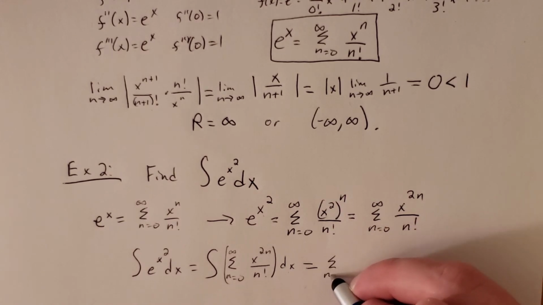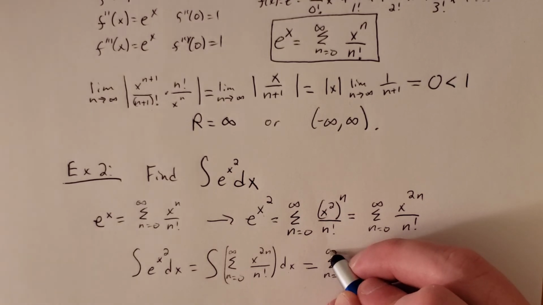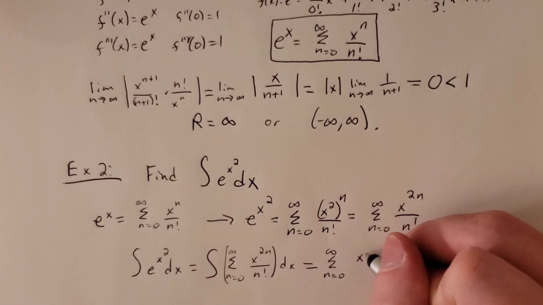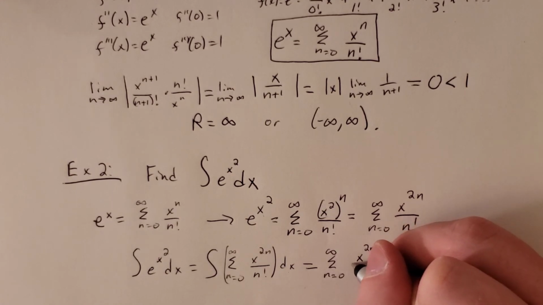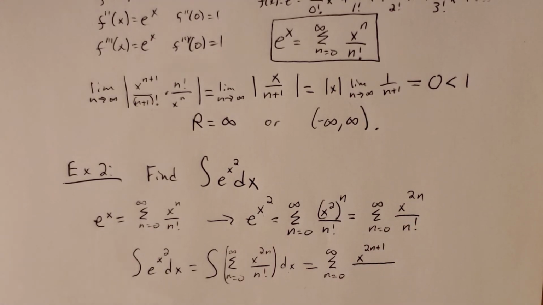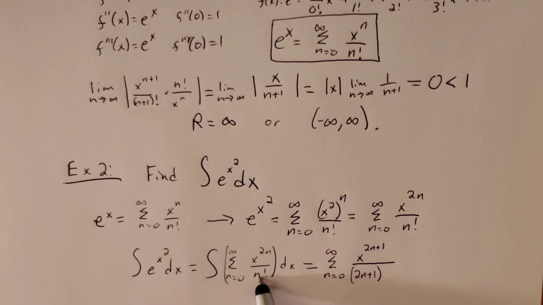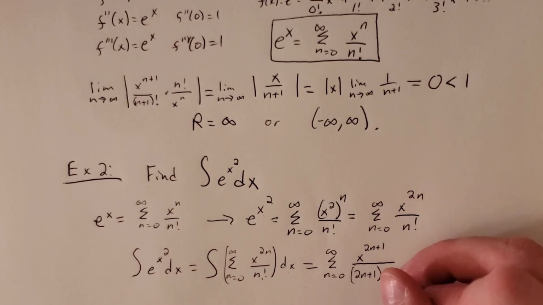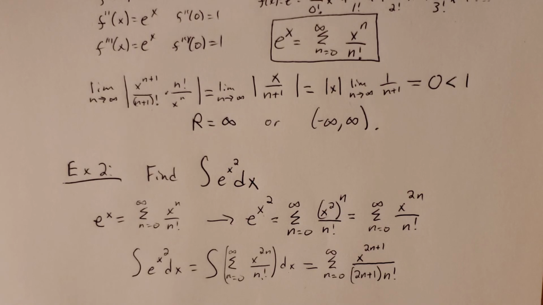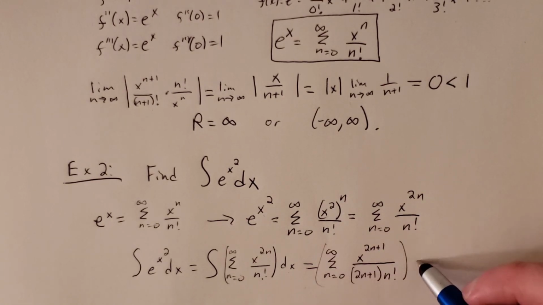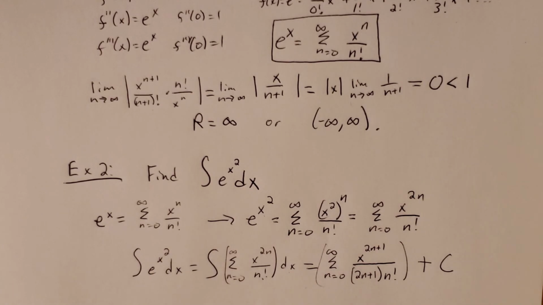So this tells us that each of our terms is x to the 2n plus 1. And of course, if we integrate, that means we add 1 to the exponent and divide by that new exponent. So we get 2n plus 1. And we still have that coefficient of 1 over n factorial, so we still have that n factorial in the denominator. And of course, we take all of that and we integrate it, so we add a constant c on the outside.